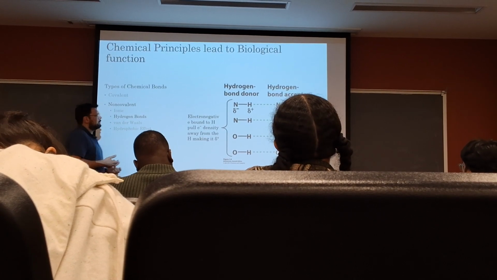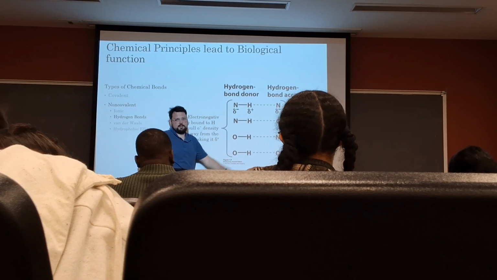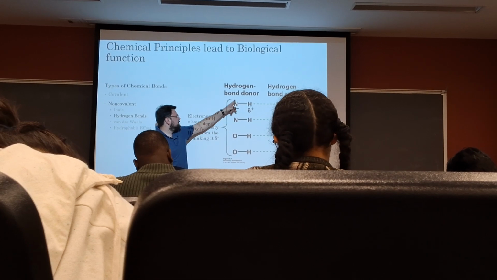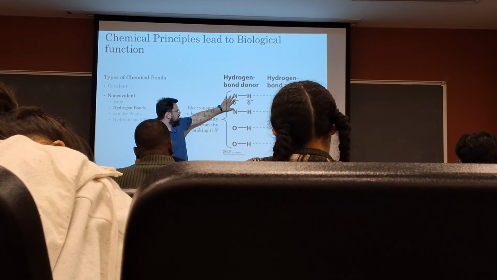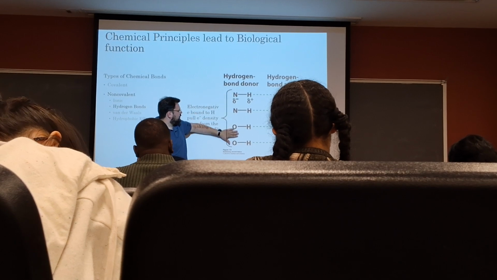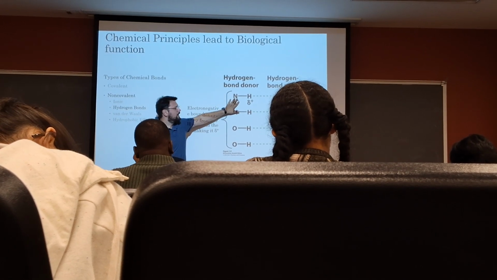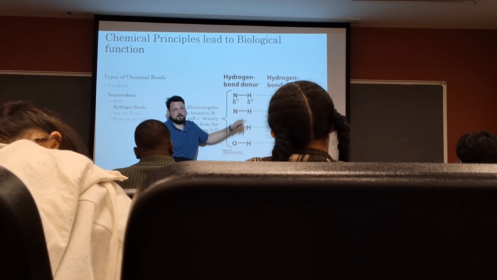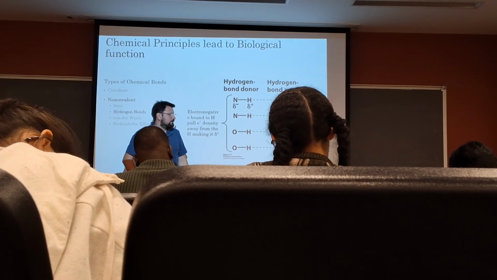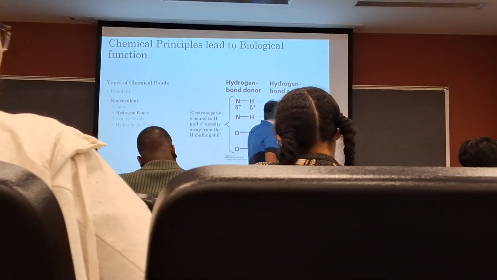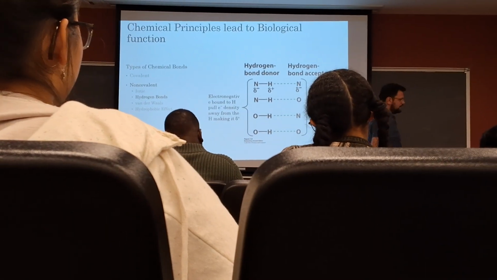And why does this matter? Well, because hydrogen is not electronegative. If it's bound covalently to an electronegative atom, this steals electron density away from the hydrogen, giving this nitrogen or oxygen a partial negative charge, leaving the hydrogen with a partial positive charge, right? So there we have our hydrogen bond donor. Our hydrogen bond acceptor is simply another electronegative atom.